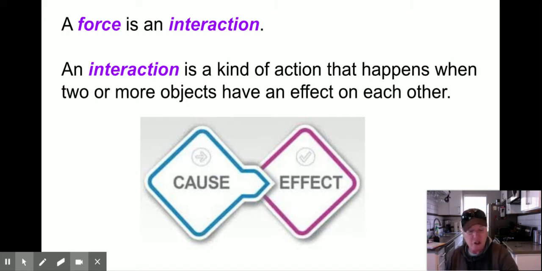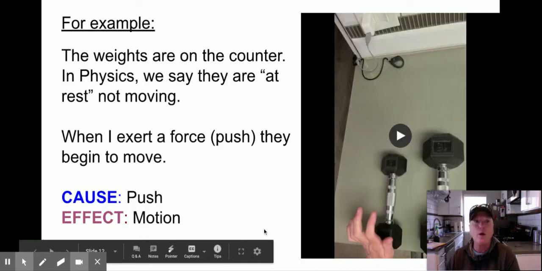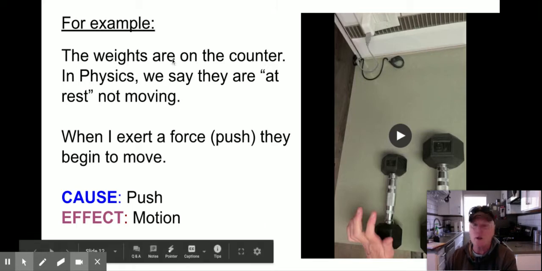I know in history and ELA, you've done a lot of cause and effect writing. In science, almost everything you do, every experiment, is some sort of cause and effect. So let's take a closer look at what I'm talking about. For example, the weights are on the counter, just sitting there.